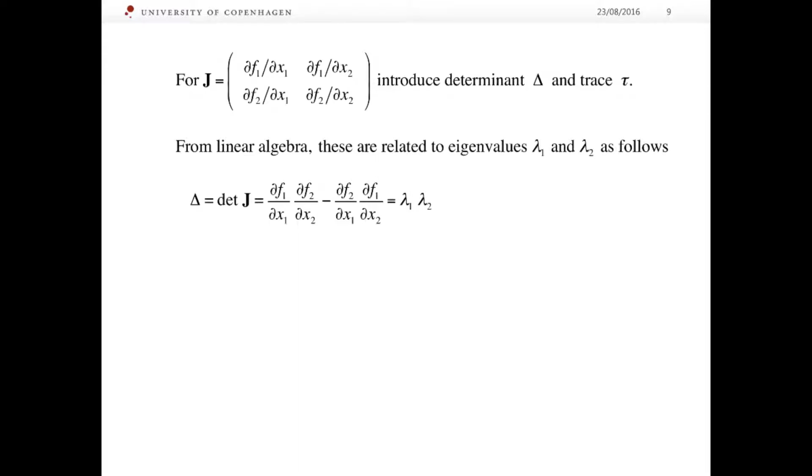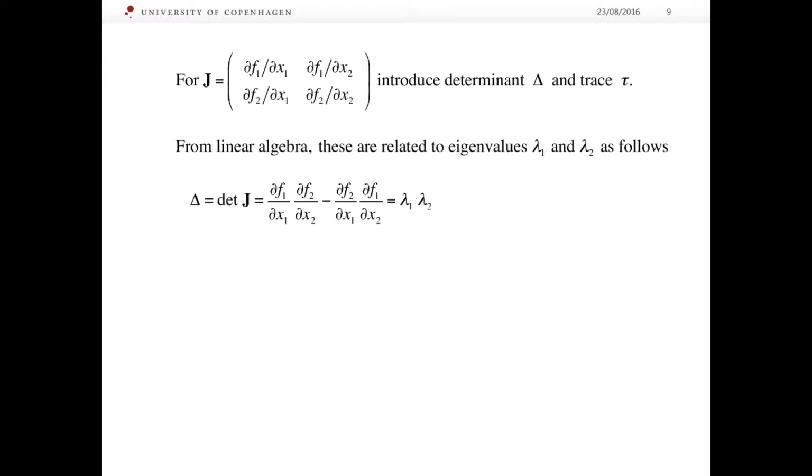Start from the determinant. The determinant can be calculated as follows: df1 by dx1 times df2 by dx2, that's the product of the elements on the main diagonal, minus the product of the elements on the other diagonal, namely df2 by dx1 times df1 by dx2.